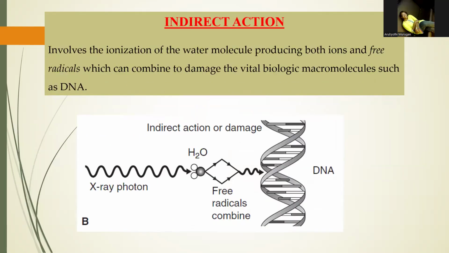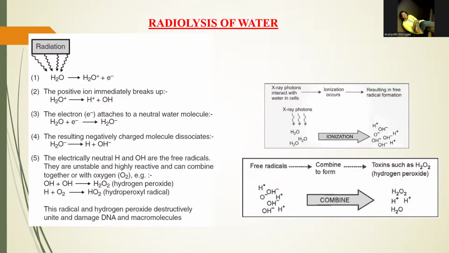Indirect action, as I said, will ionize the water molecules, which will release toxic products and free radicals, and these toxic products and free radicals will be affecting the cells. The effect of radiation on water, which causes ionization of water, is known as hydrolysis of water.